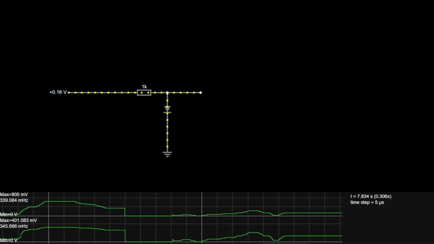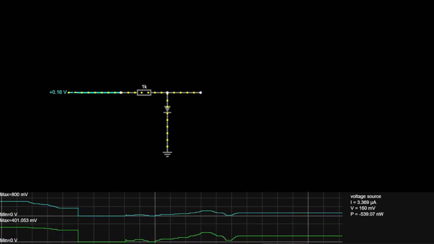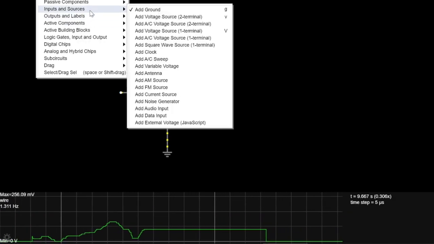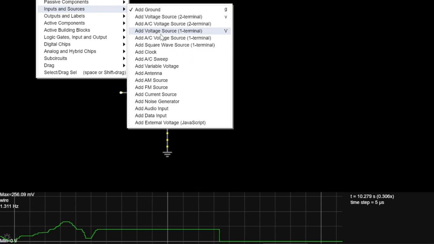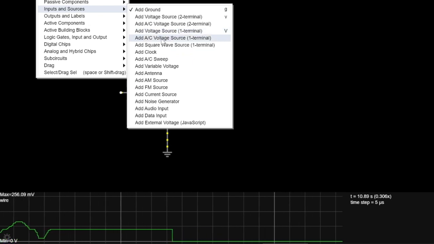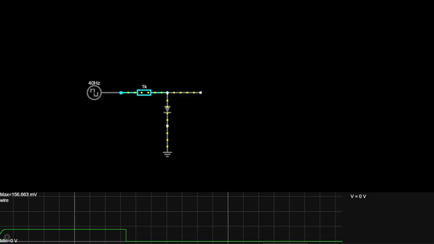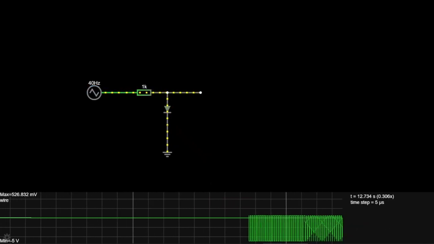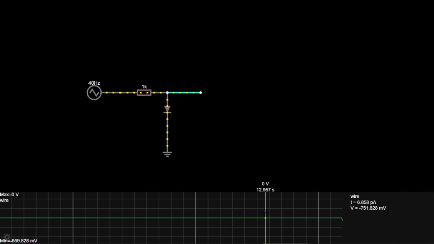Okay. I'm not really sure how I should demonstrate this. Let's do it with a triangle wave, maybe. A triangle wave like this.